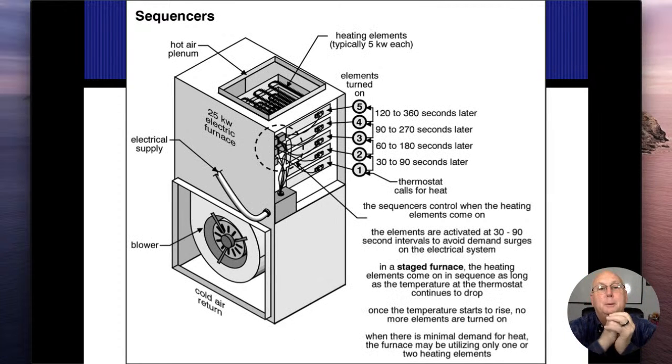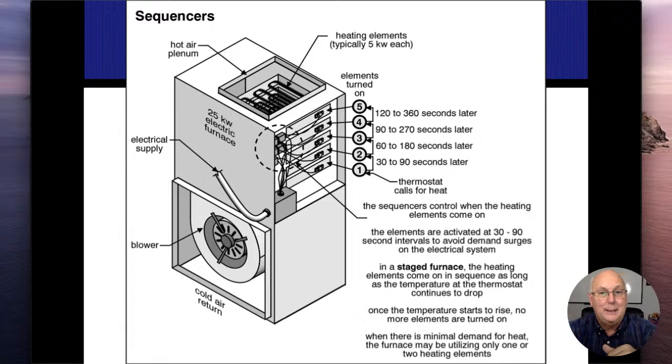The biggest problem with electric furnaces, especially in the summer months, we have trouble getting all the burners on, all right? So electric forced air furnaces, they don't all come on at the same time. There's a sequencer in there. So usually it takes about 4 or 5 minutes or more to go ahead and get all the heat going.